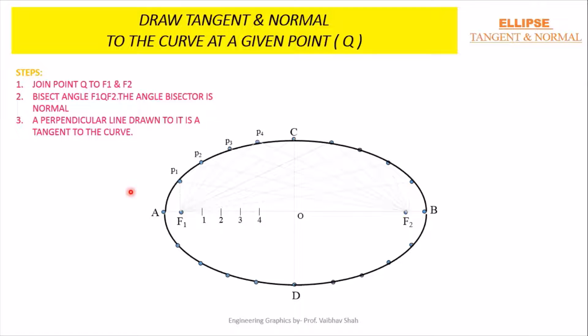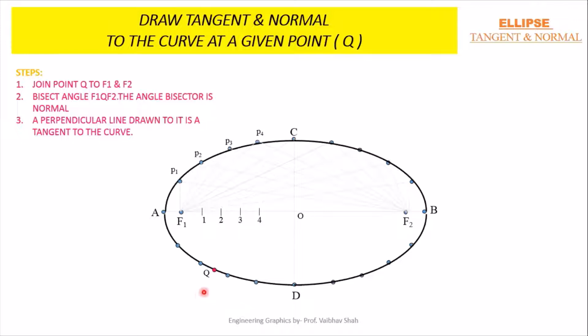You have to put your rounder at focal point F1, and you will try to cut this ellipse somewhere here. So you will get your point Q somewhere here, which is 50 mm away from your focal point, as they have said. If nothing is said, you can take a point randomly anywhere on your curve. So we have selected point Q randomly somewhere here on this curve.